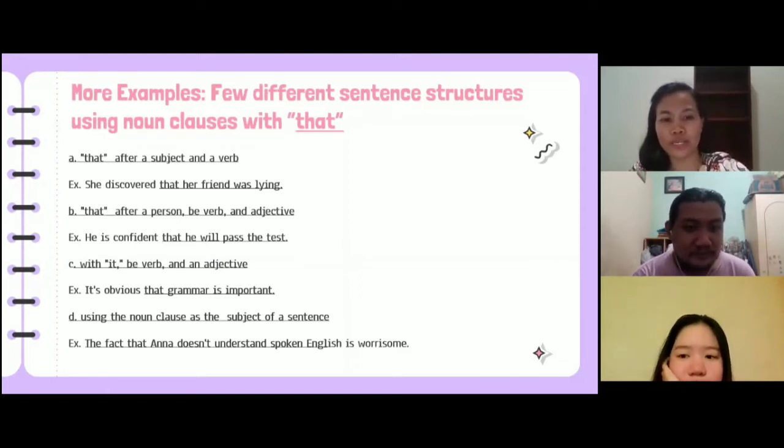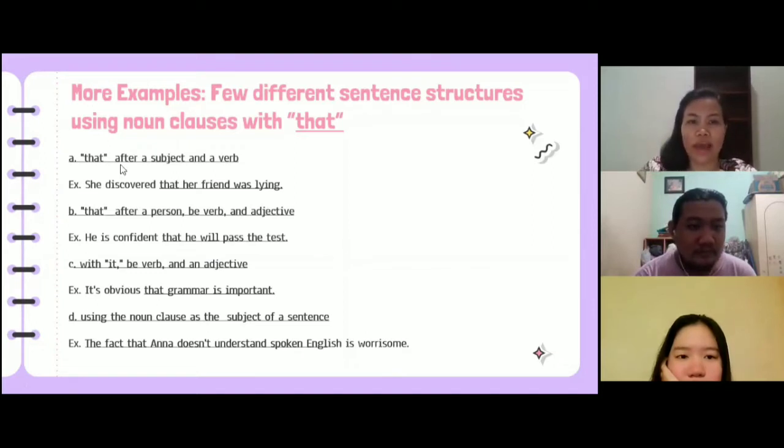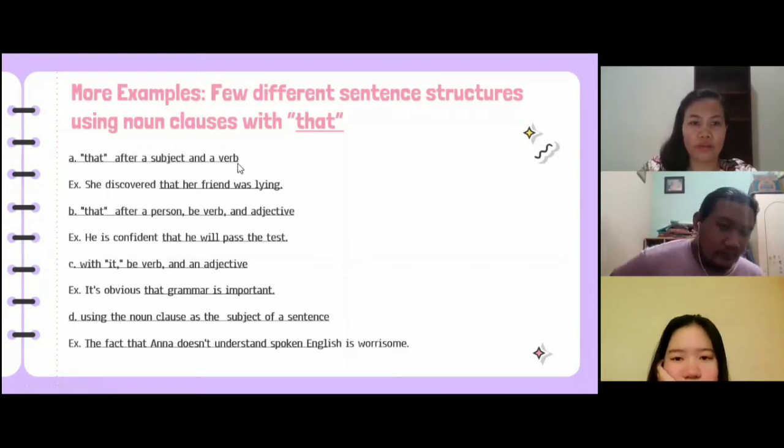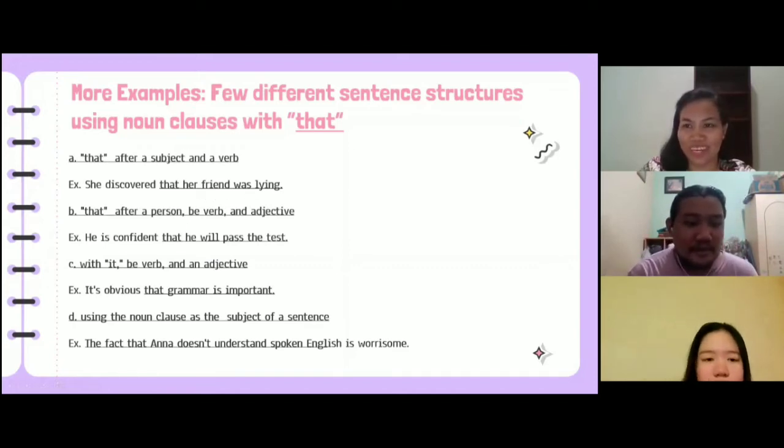The first example is how we use noun clauses with that after a subject and a verb. In this example, she discovered that her friend was lying. It's a terrible sentence, but yes.